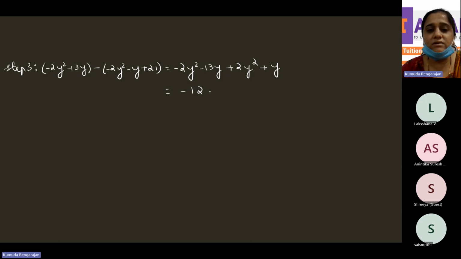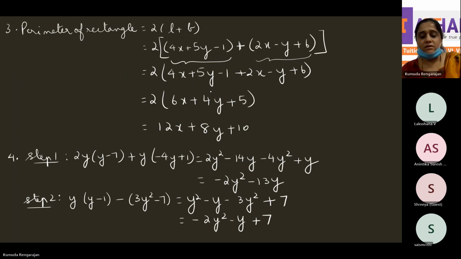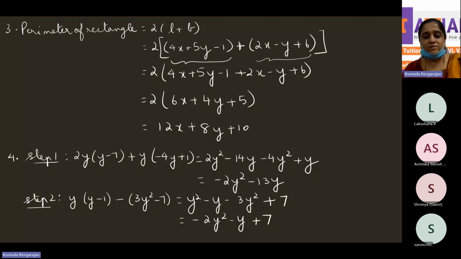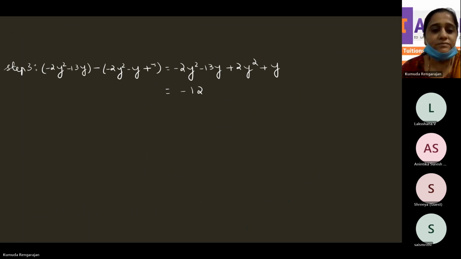So minus 12. What was this? Minus 2y square. Here also should change. Minus 2y square minus 13y minus 2y square minus y plus 7. Minus 12y minus 7.